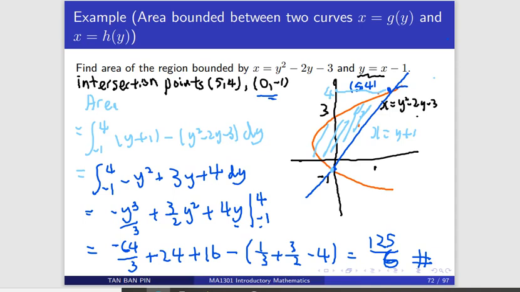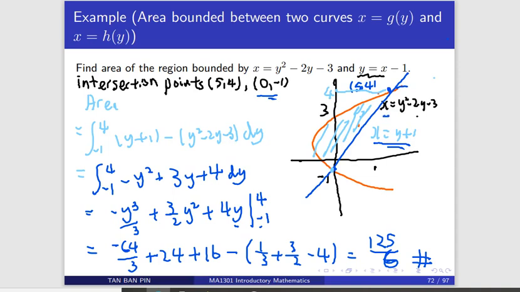For this question, doing it about the y-axis is easy. If you do it about the x-axis, you find it's more complicated. You can try it out and see whether you can do it about the x-axis instead of the y-axis. About the y-axis is very easy. The top curve is just x equal to y plus 1. The bottom curve, the red curve, is just x equal to y squared minus 2y minus 3.